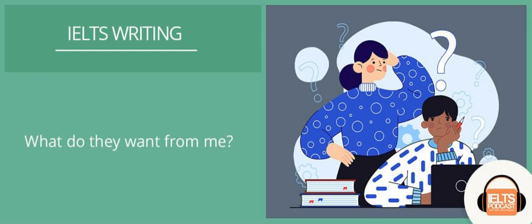Parallelism just adds that style. It makes your writing flow. So when you're giving a list, for example, we can use parallel structures. An example would be, reading enhances vocabulary, improves writing, and sharpens critical thinking. Can you see we've got that rhythm there?